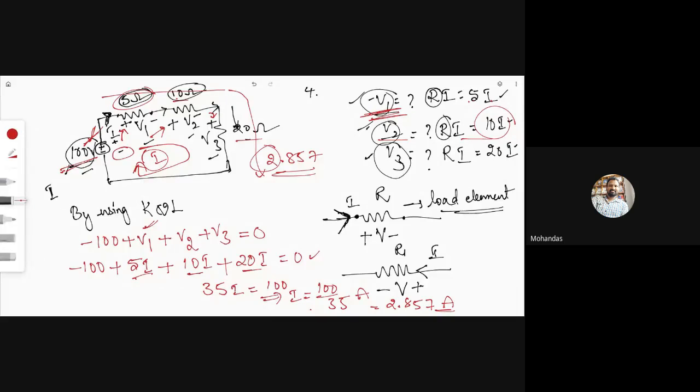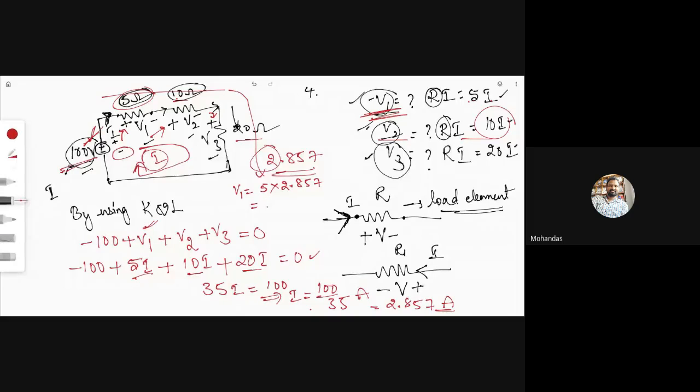What is the V1 value? Are you doing or not? Dikshita is here. Yes, sir. Tell me the V1, V2, V3 values. So V1 equal to 5 into 2.857.